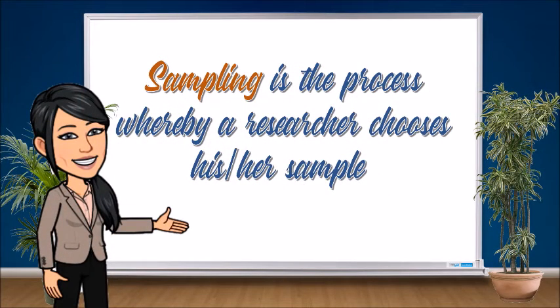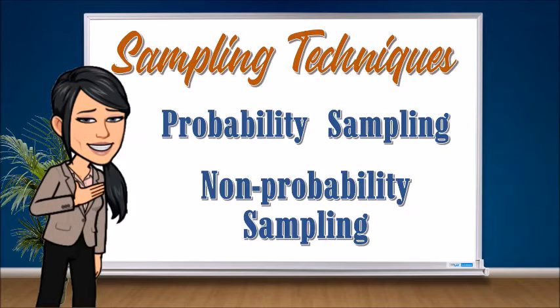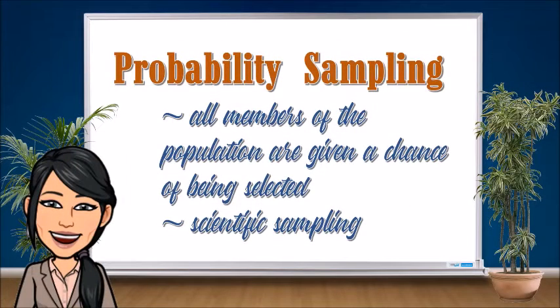Sampling is the process whereby a researcher chooses his or her sample. There are two kinds of sampling, probability and non-probability sampling. Probability sampling is when all members of the population are given a chance of being selected.